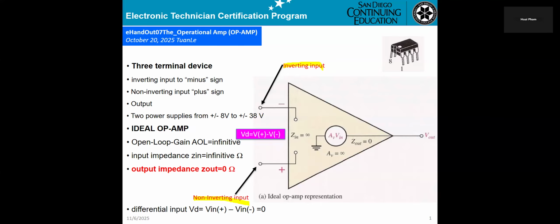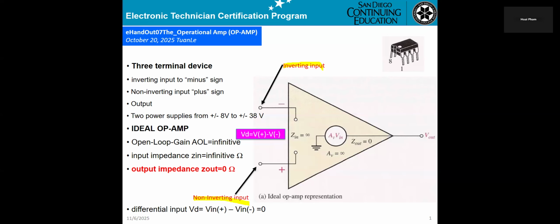In the fundamental differential amplifier, you get two outputs. However, in this case, they're using only one output.